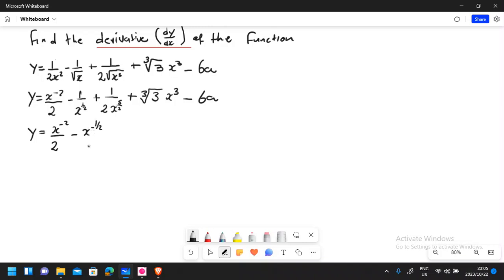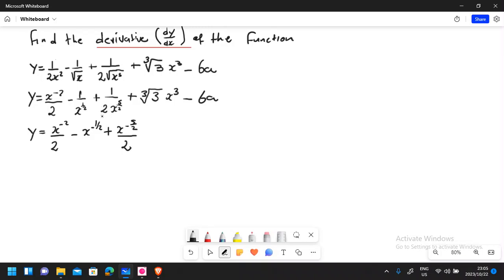Remember guys, when you take the base from the denominator to the numerator, the exponent is going to be negative. And then we have plus, we're going to take this x to the power of 5 over 2 to the numerator, so it's going to be negative 5 over 2, over 2.